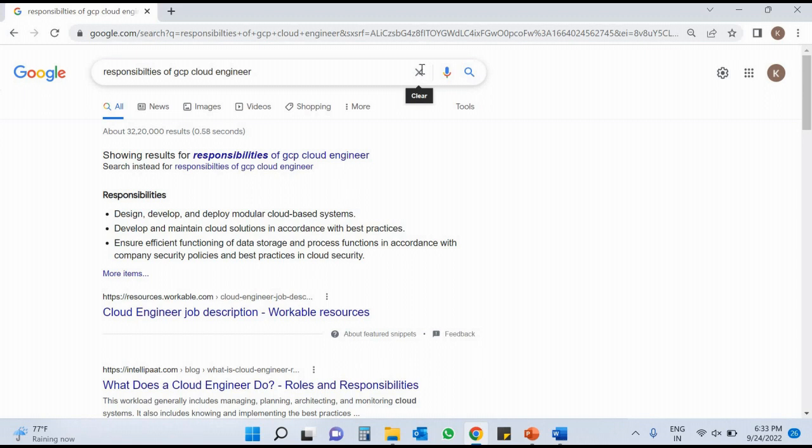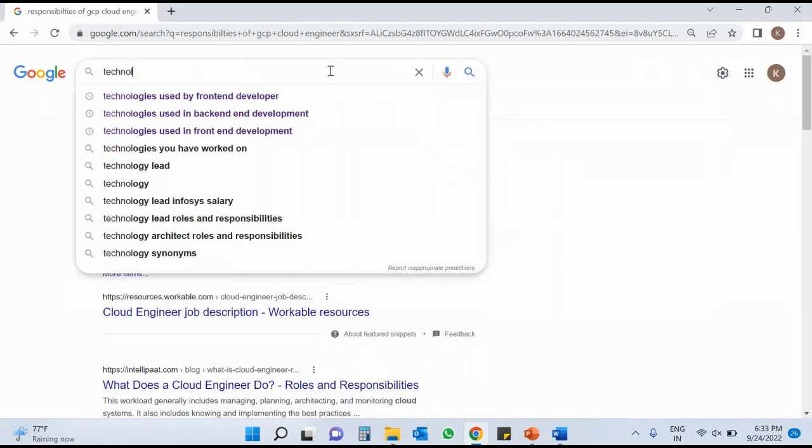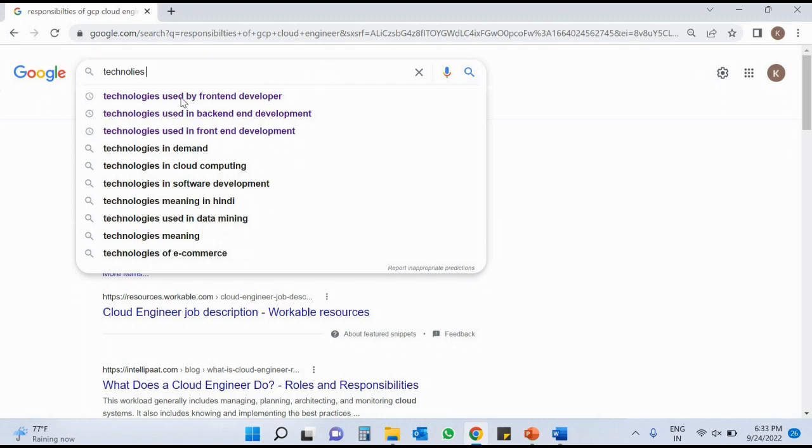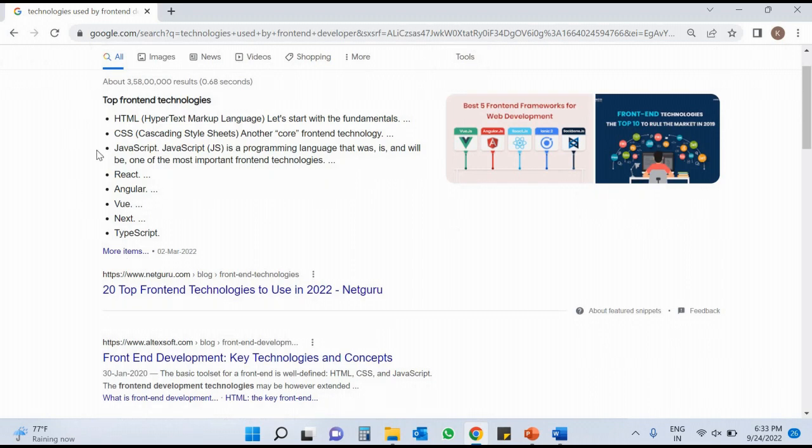Sometimes we can also search the technologies used in the given requirement. Suppose I am searching the technologies used by a front-end developer. If I am working on a front-end developer requirement, I directly get the answer: HTML, CSS, JavaScript.